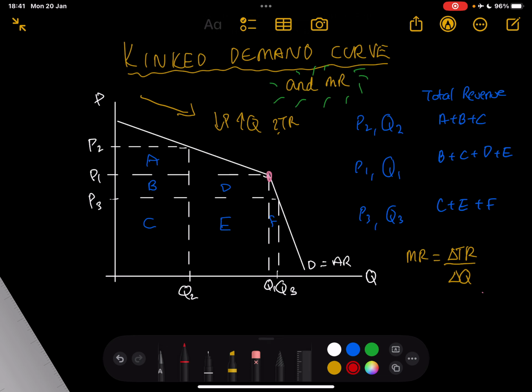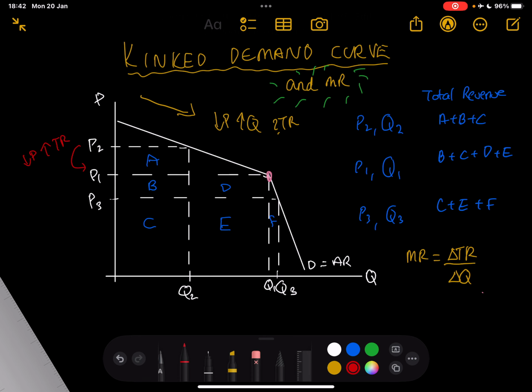It's not the nicest way to do it, but if we lower price from P2 to P1, we were in a situation where we were charging a higher price of P2 compared to our competitors who are keeping their price at P1, undercutting. In that situation we are going from revenue ABC, a small amount of revenue, to a larger revenue of B, C, D, E. So in this situation we are lowering price, but our revenue actually increases.